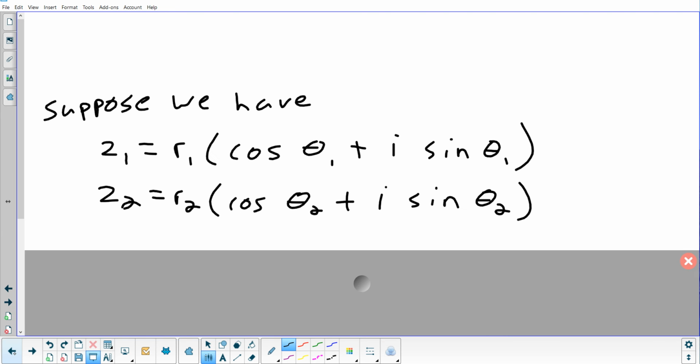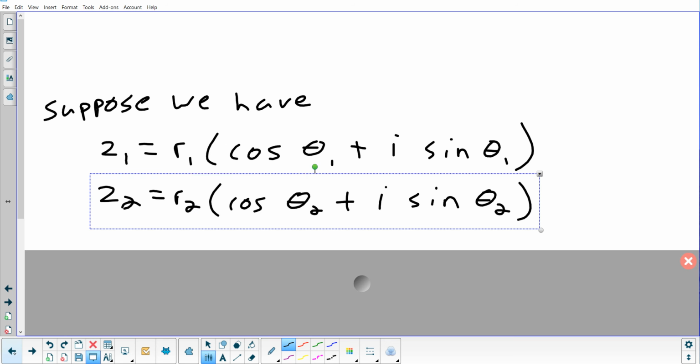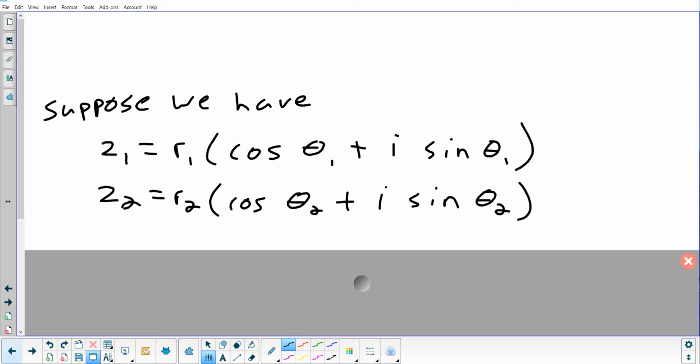I don't know the specific radius and angle you're going to have in every problem, so I'm just representing it generically. Your first complex number will have a radius. Your second complex number will have a radius. The first one will have an angle, and the second one will have an angle. Not sure why, but generally when you don't know a complex number, they just call it z. So complex number 1, complex number 2.